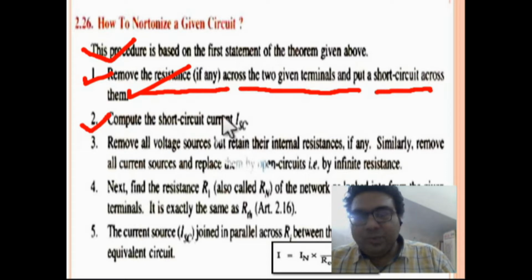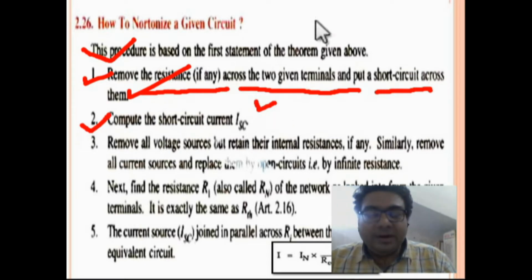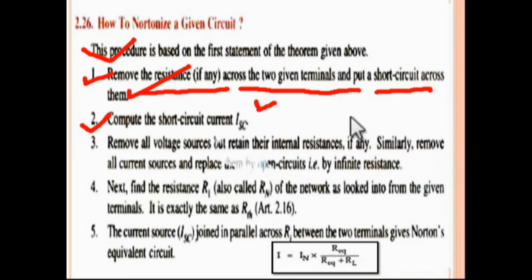Then second, compute the short circuit current. This is also called Norton's current; short circuit current and Norton's current are both the same. Then third step, remove all the voltage sources but retain their internal resistances, if any. Similarly, remove all current sources and replace them with open circuits because their internal resistance is infinite.